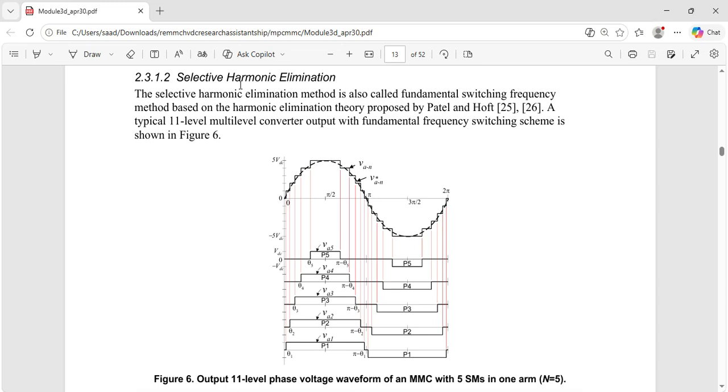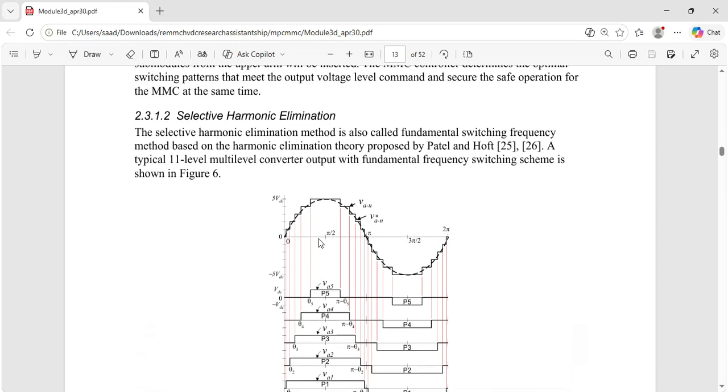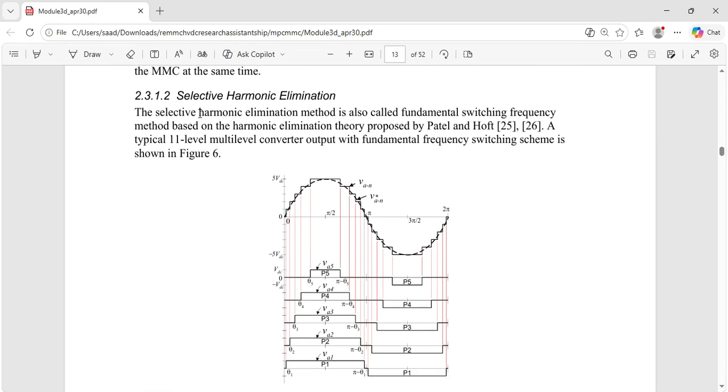So what is selective harmonic elimination? It is called a fundamental switching frequency method, based on the harmonic elimination theory. A typical multi-level converter output with the fundamental switching frequency scheme is shown. In selective harmonic elimination, as the name suggests, we eliminate certain harmonics.